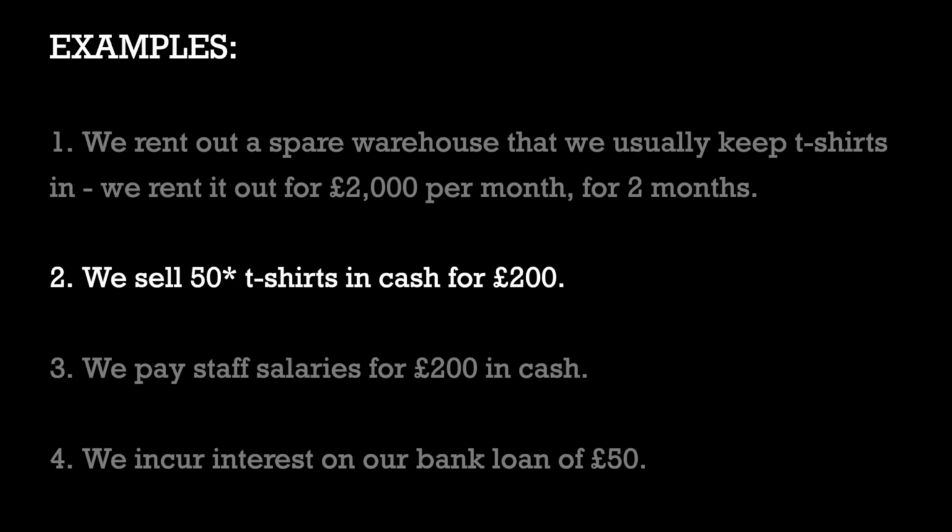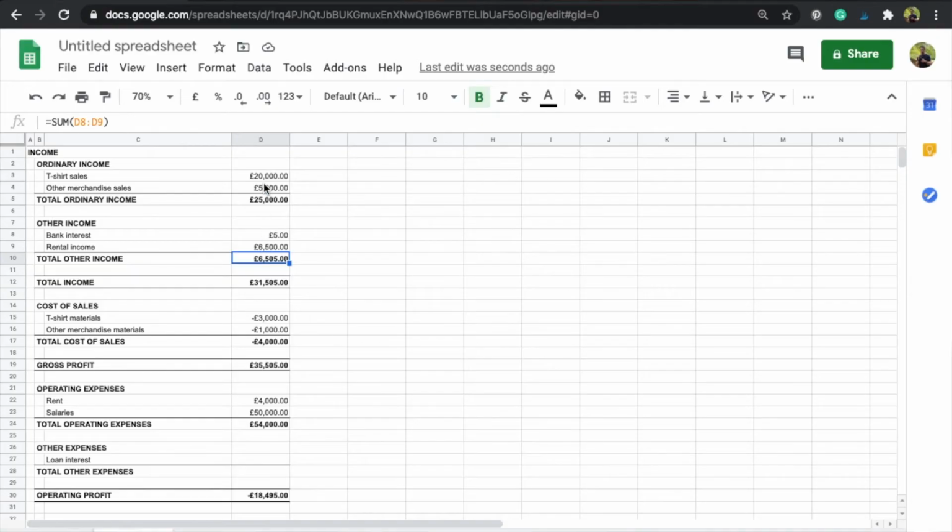Adjustment 2 is we sell 500 t-shirts in cash for £200. When we sell t-shirts, we recognise it as a movement in income or revenue because we've made a sale, but we also need to recognise a movement in cost of sales because our inventory is also going down. Now, if you watched my balance sheet video, you'd know that we had a transaction where we bought 100 t-shirts for £200. Now we're selling 50 of them, so half of it.